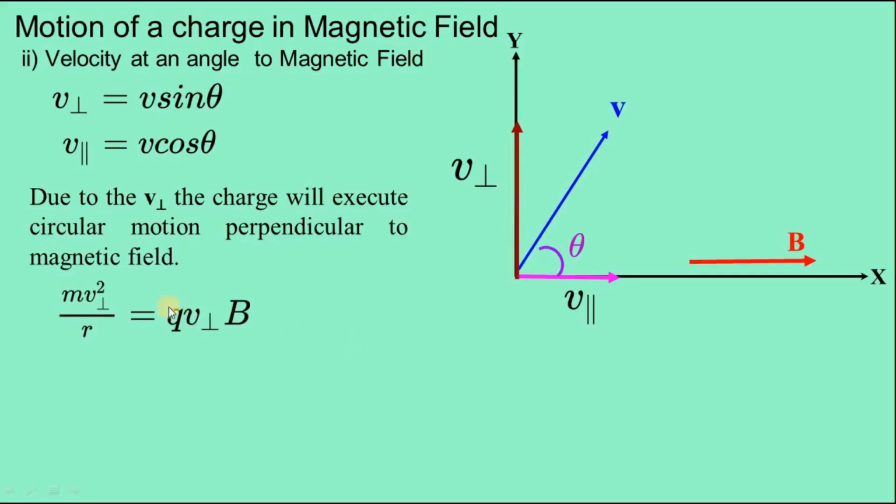So the centripetal force m v perpendicular squared by r is equal to q into v perpendicular into B, because when the charge executes a circular motion, the centripetal force is provided by the magnetic force acting on the charge, and that is given by qvB.